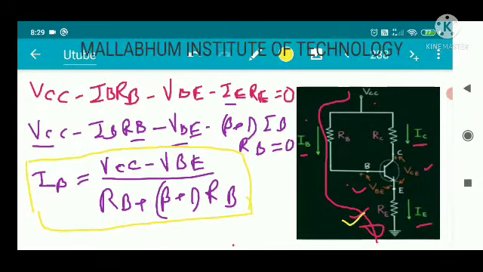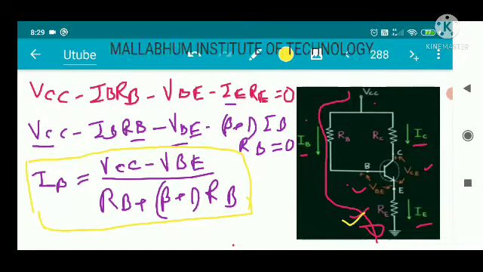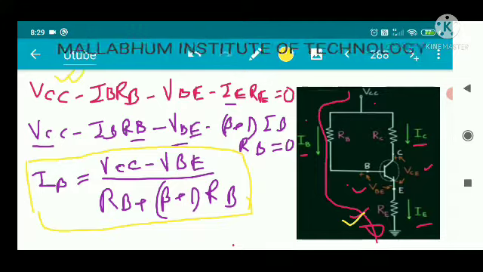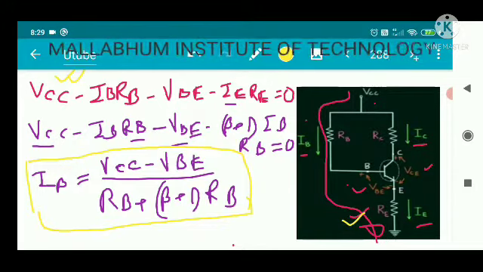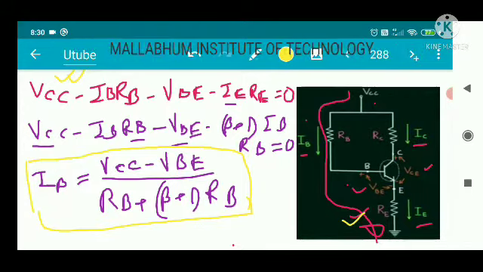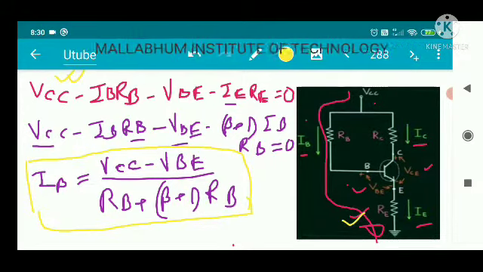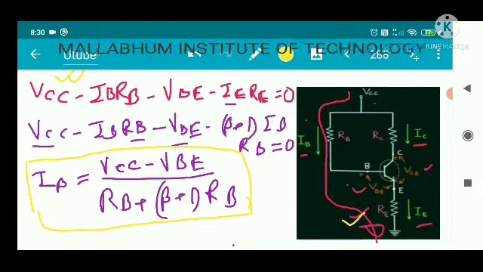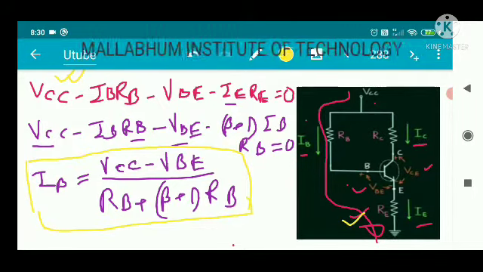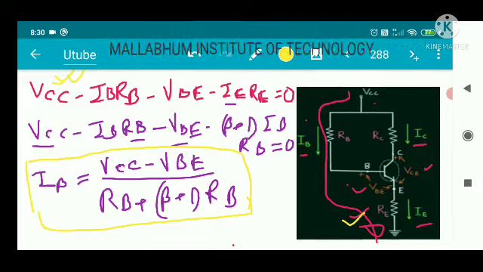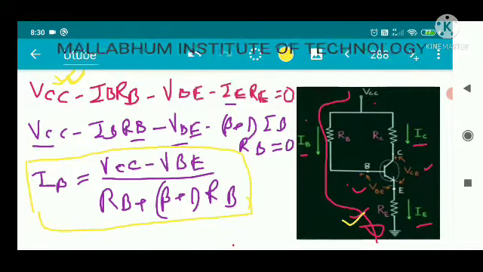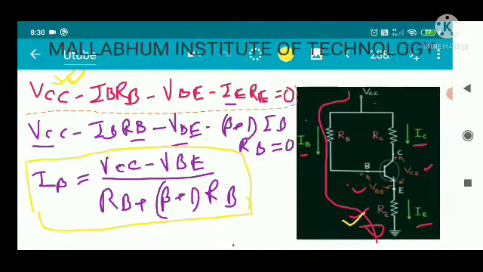Okay, so there is also another expression for IB; we'll see it later how this value of IB will be taken care of. So I'm also writing this from this equation.